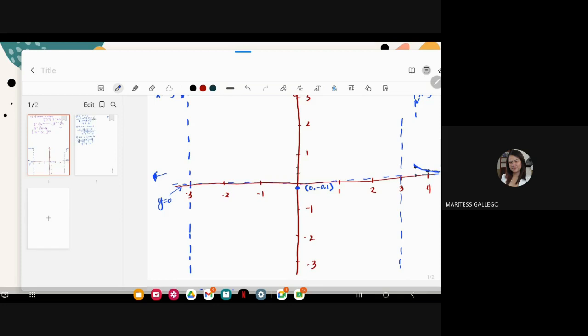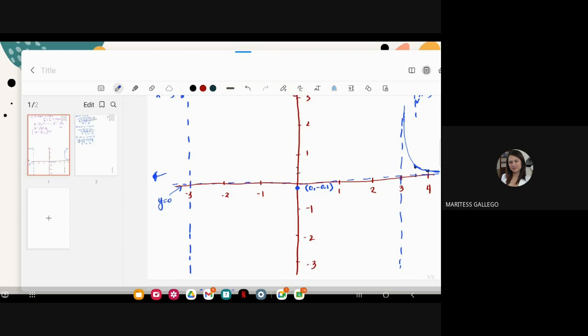Ganyan lang siya. Very close lang siya. Kahit na-extend mo yan, ganyan lang. And likewise, asymptote din yung ating line dito. So, ibig sabihin, it will just approach, but it will not intersect. So, dire-diretso lang yan. So, as your asymptote rises, ganun din. Magre-rise din lang yung curve natin, but they will not intersect together.